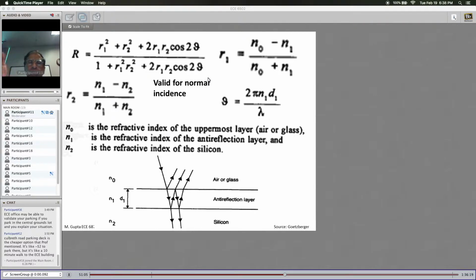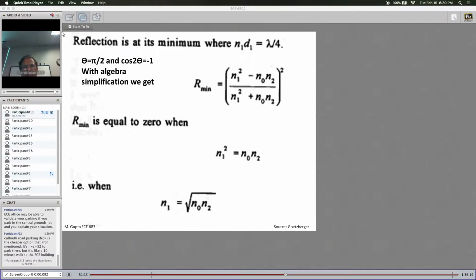Now we can use that and find the condition for the index. So one of the conditions is that the reflection is minimum when N1 D1 is lambda over 4. That's because it has to be a quarter wave.